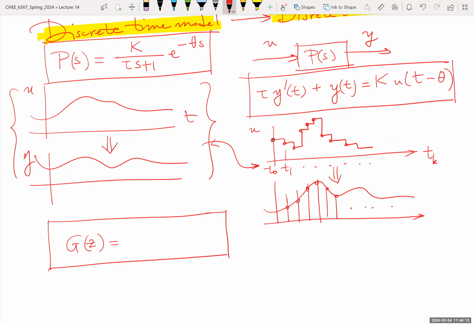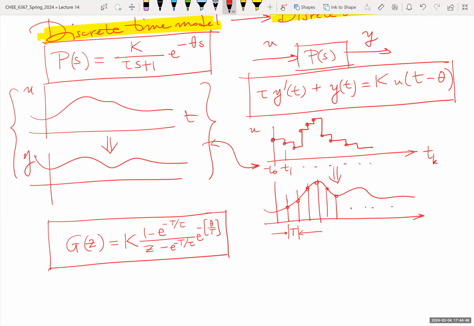So this says that G of Z, the corresponding transfer function in the Z domain, is K times 1 minus e to the minus T over tau, where T is the sampling period, divided by Z minus e to the minus T over tau, times Z to the minus theta over T, assuming this is an integer.